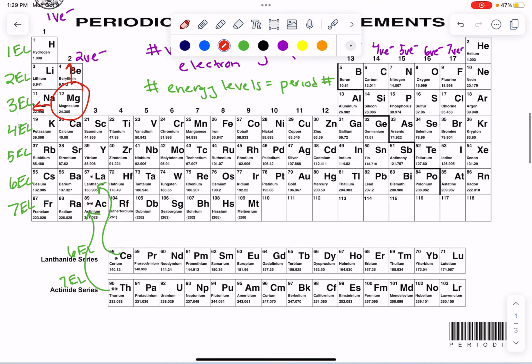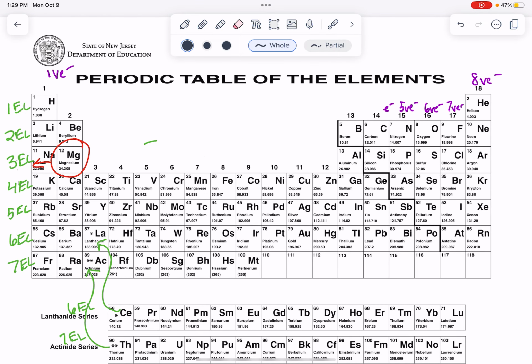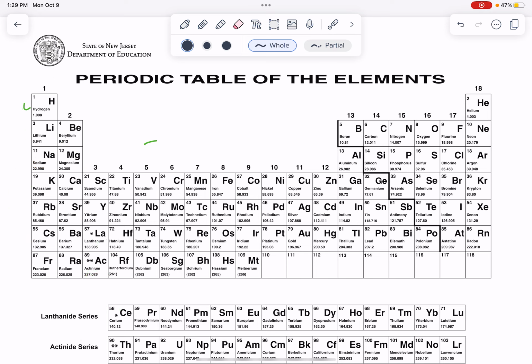Okay, another thing we can find out here is we can look at the metallic character. Let's get rid of all this. So when we're looking at metallic character, I really want us to pay attention to this zigzaggy line. It's right here. So anything to the left of that line, right? So anything over here, these are our metals.